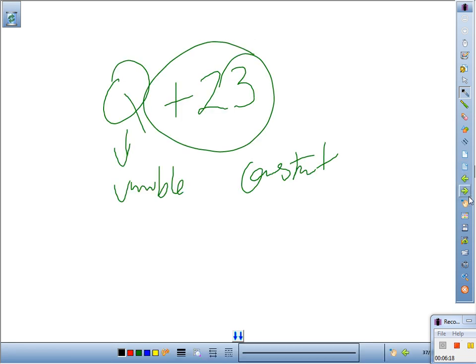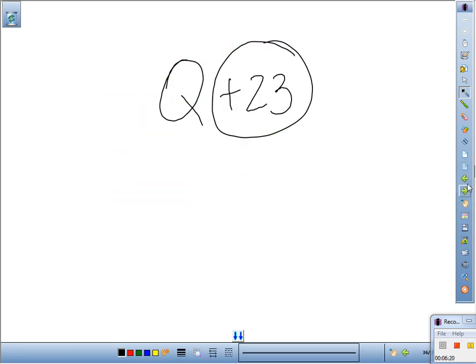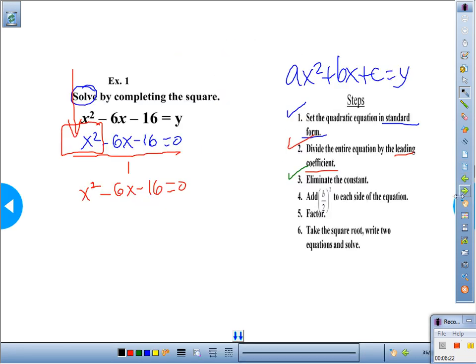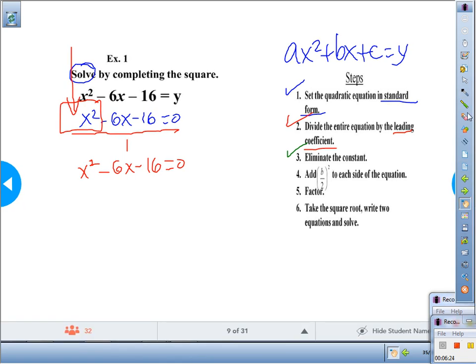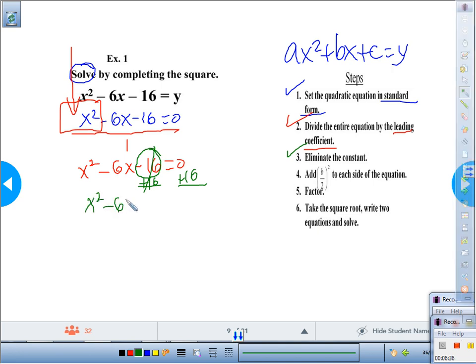Let's go to our equation. Which is the constant? Negative 16, which means I need to eliminate this by doing the inverse. I end up with x squared minus 6x equals 16.